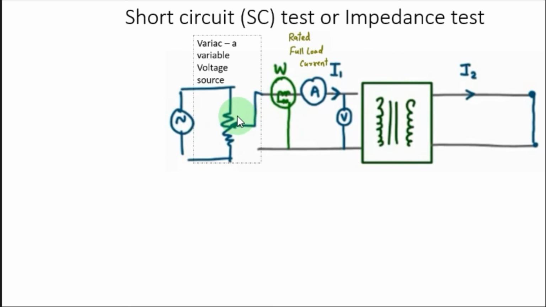So for that we use a variac, and then we use a wattmeter to measure the power, and an ammeter and a voltmeter to measure the current and the voltage. The current in this circuit will be the rated full load current, and this circuit will carry the rated secondary full load current.